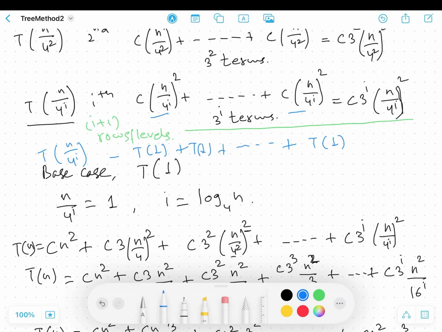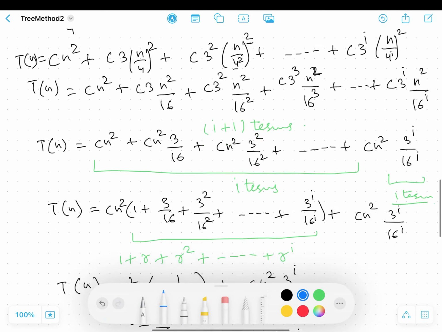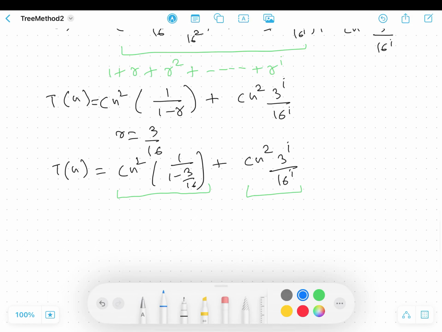Let's take this, and these are how many terms? 3 raised to the power I terms. Let's take this at the bottom. So then the last level is T1, T1, T1, right?